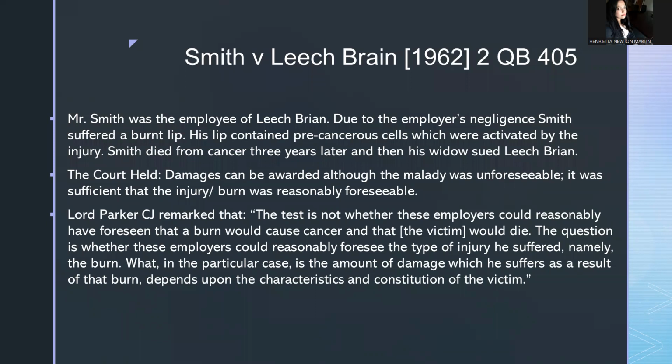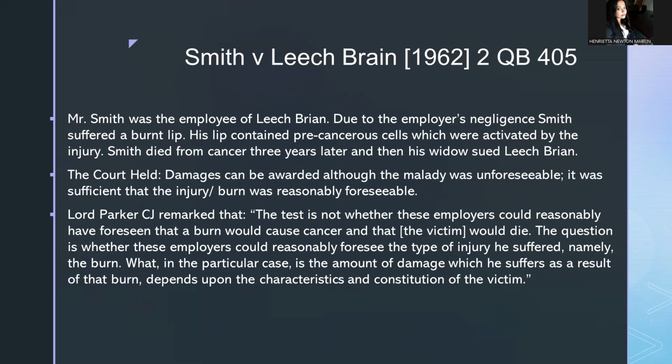So Justice Parker said here that the test is not whether these employers could reasonably have foreseen that a burn would cause cancer and that the victim would die. The question is whether these employers could reasonably foresee the type of injury he suffered, namely the burn, whether it was possible that they could foresee that a person can get burnt. So what in the particular case is the amount of damage which he suffers as a result of that burn depends upon the characteristics and the constitution of the victim.